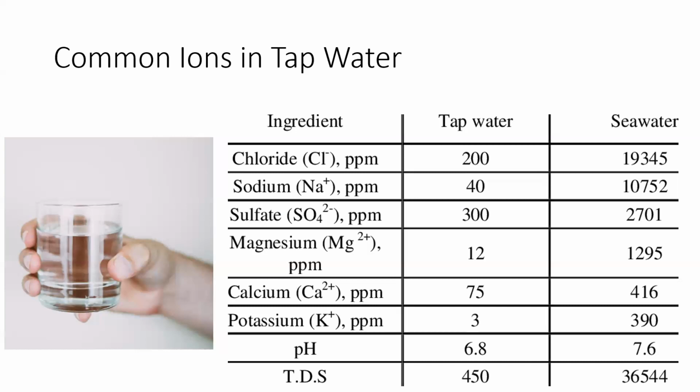So these ions are found in water, right? And you can see there's even a mention of the concentration. These are measured in ppm, which stands for parts per million. We're going to go into what that means in a little bit also.